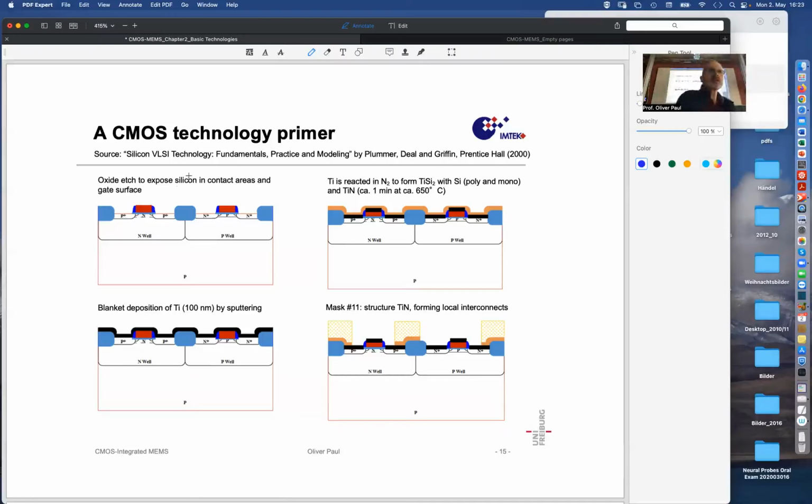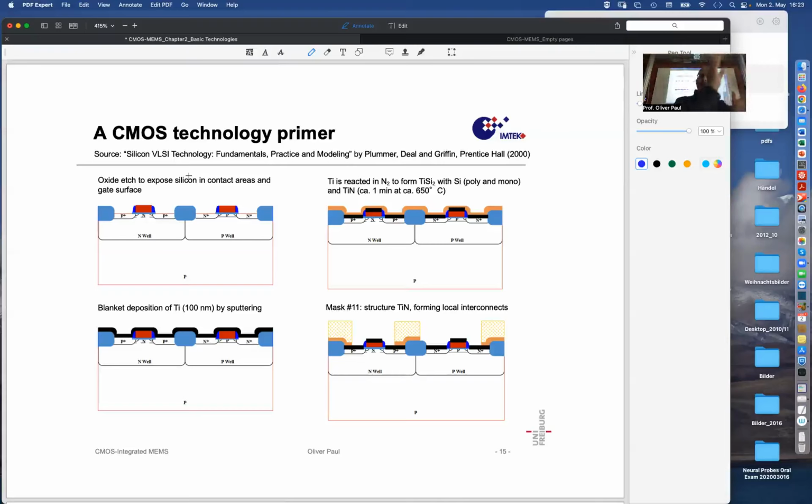Etching silicon oxide is no problem. You take some hydrofluoric acid of appropriate dilution, and if you know how long to do that, you can do that. And then you can check in water whether the oxide is gone, because oxide is hygroscopic whereas silicon is hydrophobic.